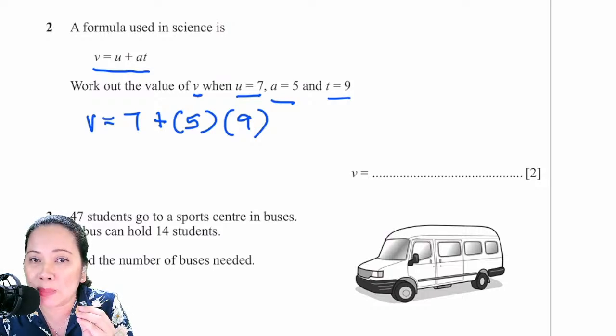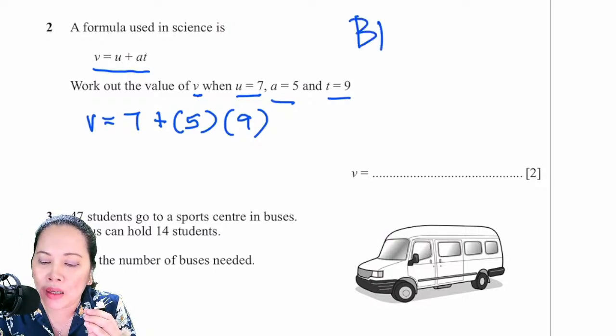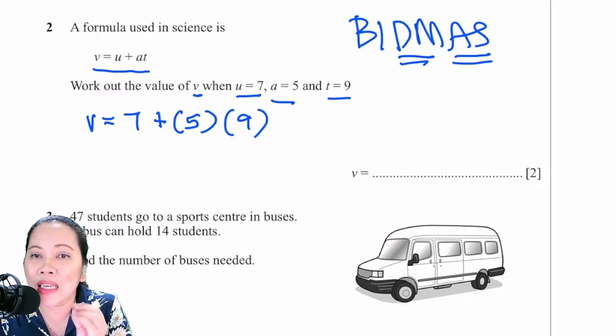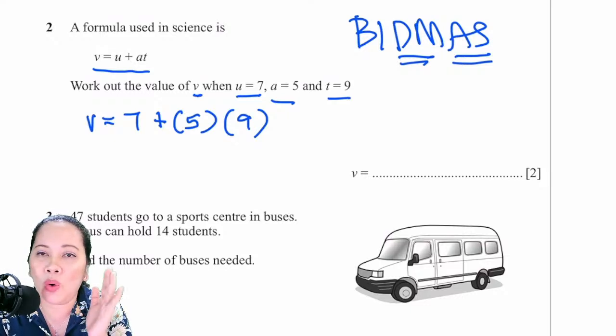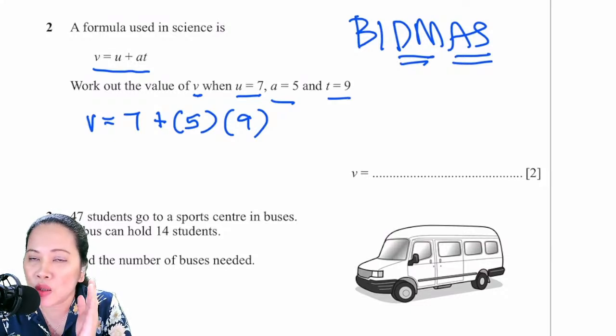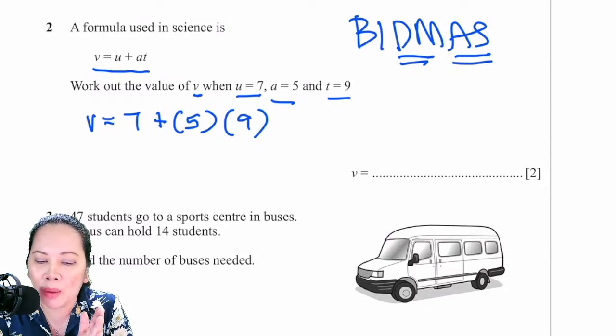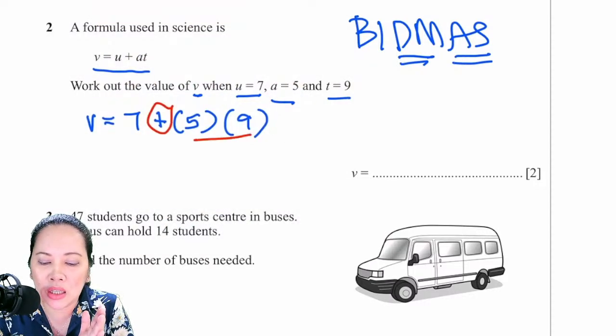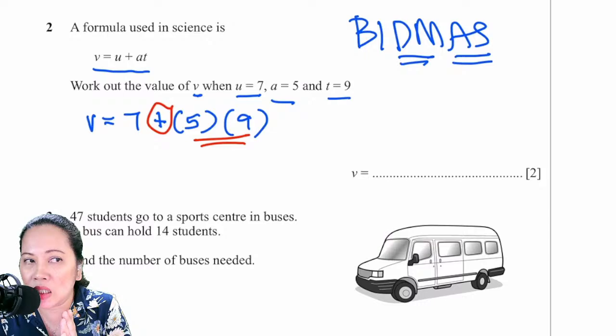In BIDMAS, you will have your multiplication before your addition, when you have different operations. In this case, we have addition and multiplication.